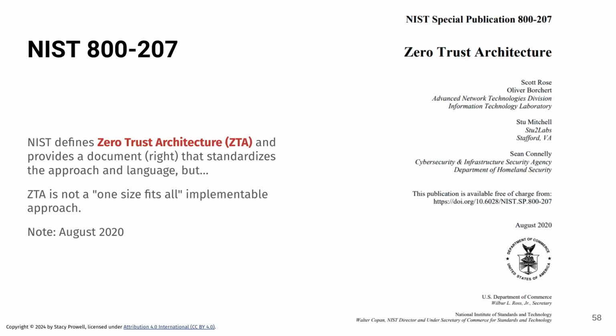And this is what's being referenced by the Presidential Policy Directive. Remember, the Presidential Policy Directive comes out in 2021. This comes out in 2020, so it comes out before that. And it defines zero trust architecture, and it provides standardization of the approach and the language, etc.